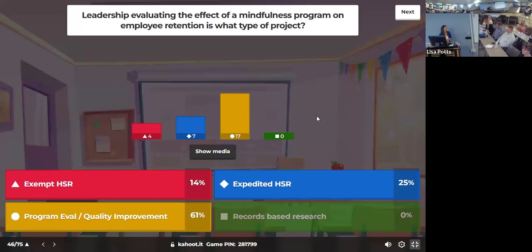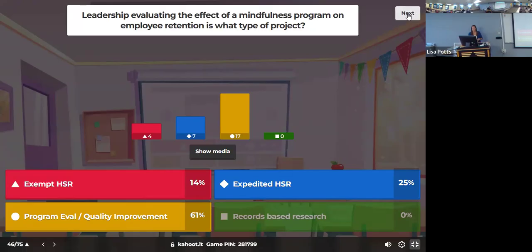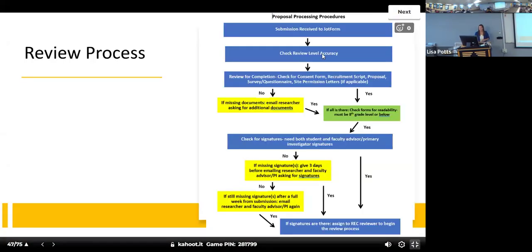If you get too much in the weeds of whether you participated in this program and getting feedback about the different individuals, then you might be starting to cross into human subjects research. A lot of the program eval stuff has a giant gray area.